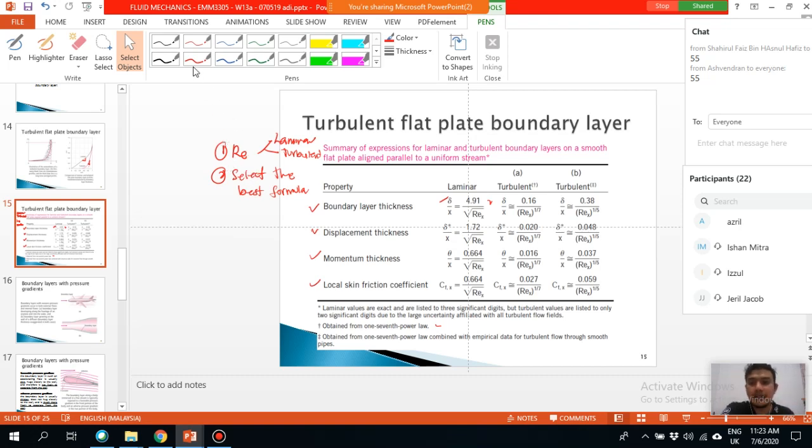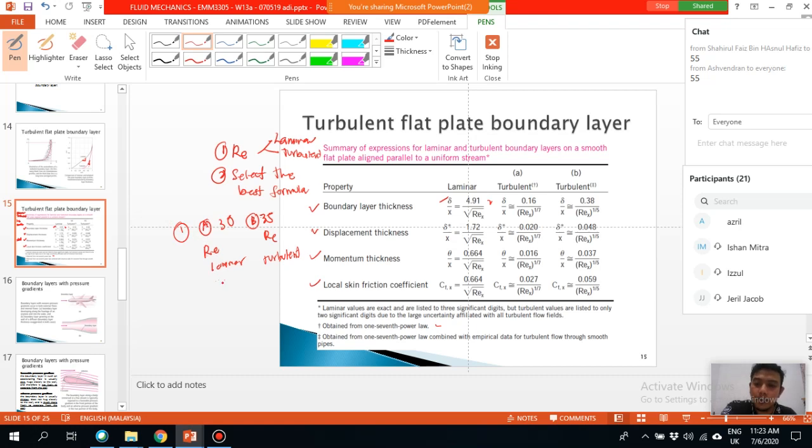For example, you have option A or B. A is 30, B is 35. When you calculate Reynolds number, when you use 30, you will get laminar. If you use 35, you will get turbulent, for example. You just imagine what happened to your answer.